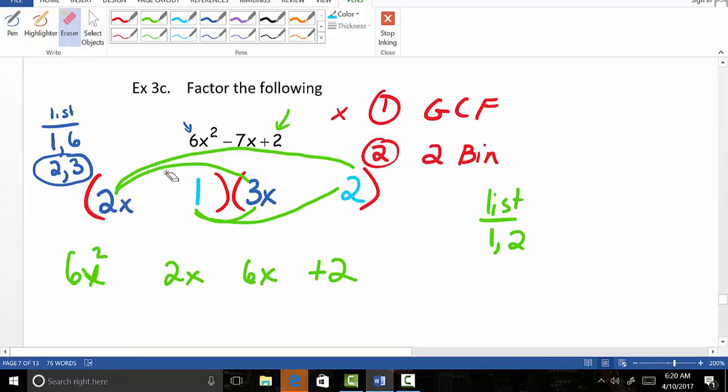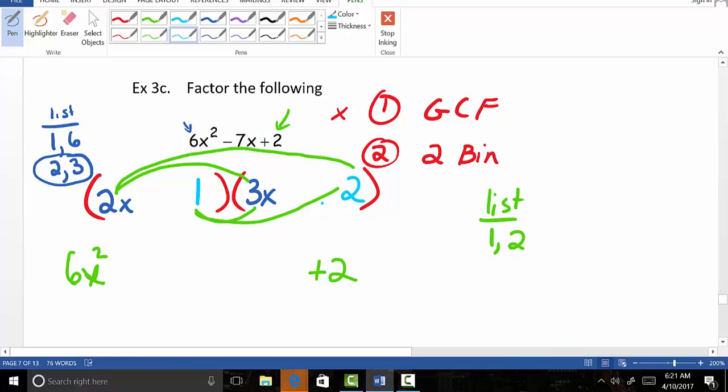Now again, the 2x times the 3x, we still get 6x squared, and likewise when we multiply the 1 times the 2, we still get the last number 2. The real issue is kind of what's going on in the middle here. But now that we've gone ahead and swapped our numbers, we should see some different values happening in the middle.